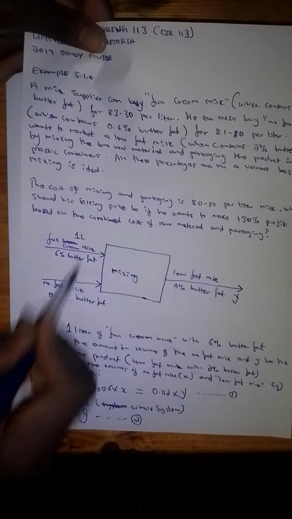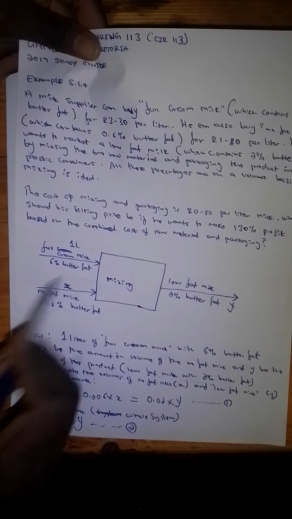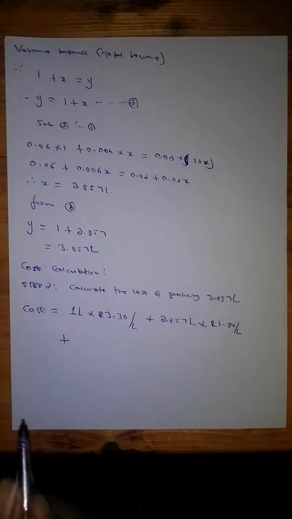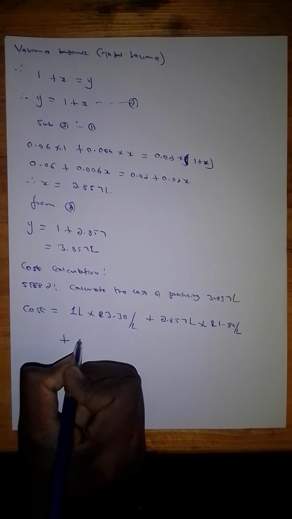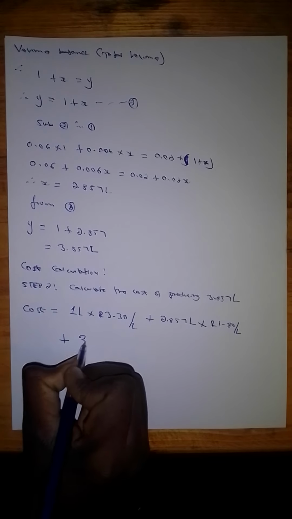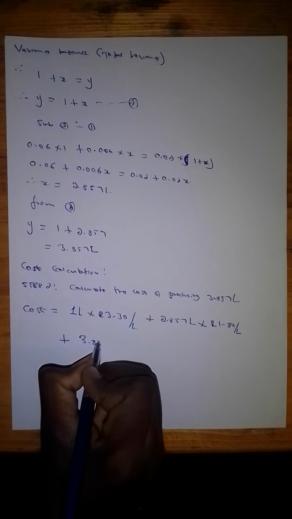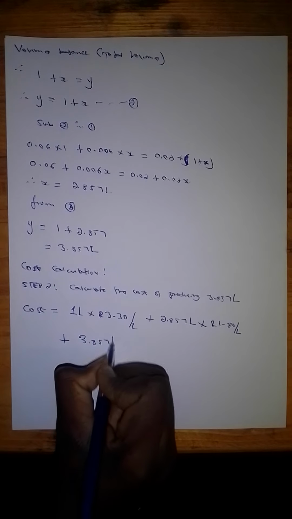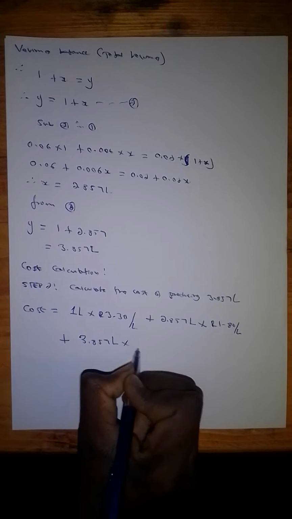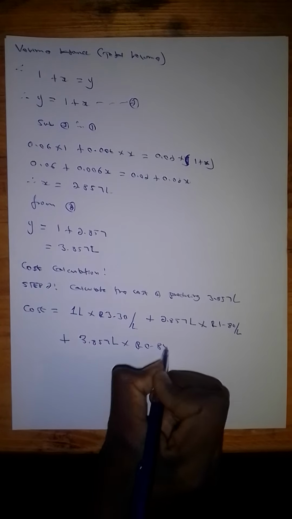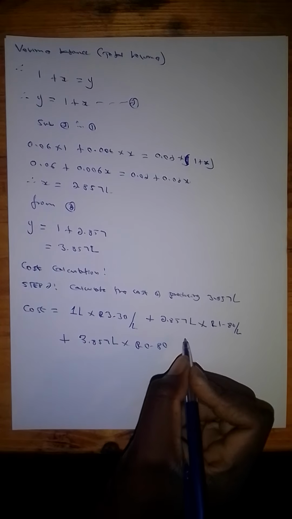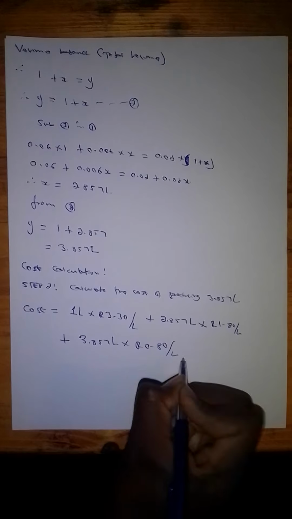now that we calculated the cost of the raw material, we need to add the cost of the packaging and the mixing. We say the total, which is 3.857 liters multiplied by 80 cents per liter.